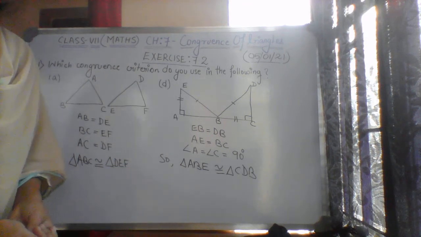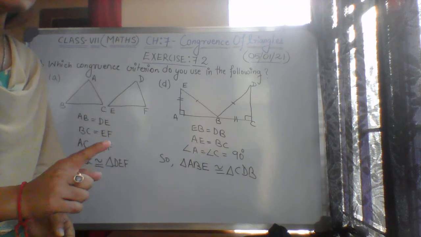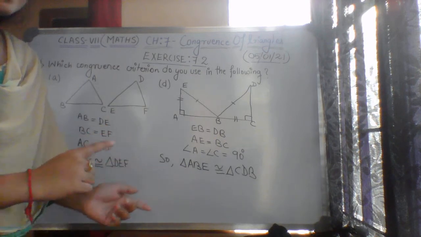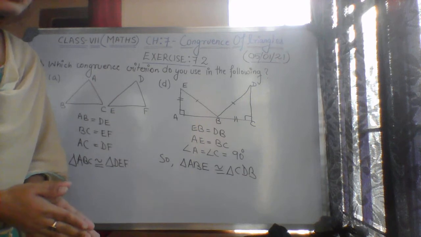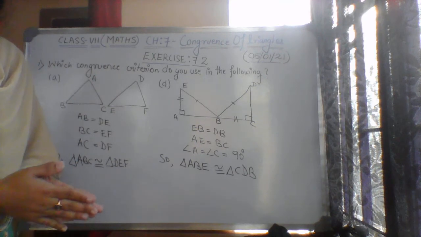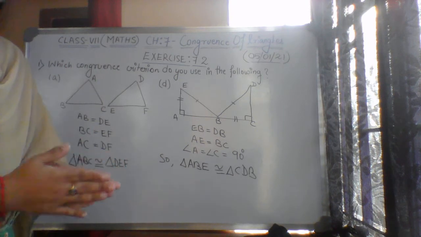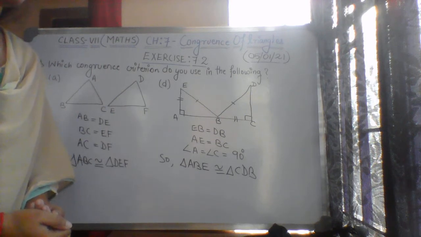Next? Yes, side angle side, SAS. Next, angle side angle, ASA. And the last one, which you have just learned after the winter break, is RHS, right angle hypotenuse side.